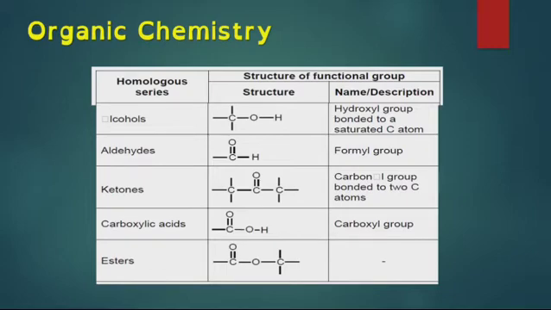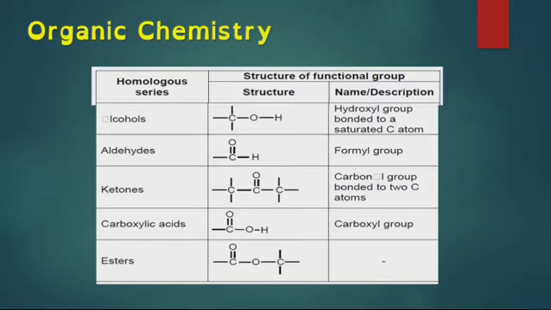And that OH group is called a hydroxyl group. So if they ask you for the homologous series, it's an alcohol. If they ask you for the functional group, then they want the name hydroxyl group. Can you see how important it is that you know the difference?